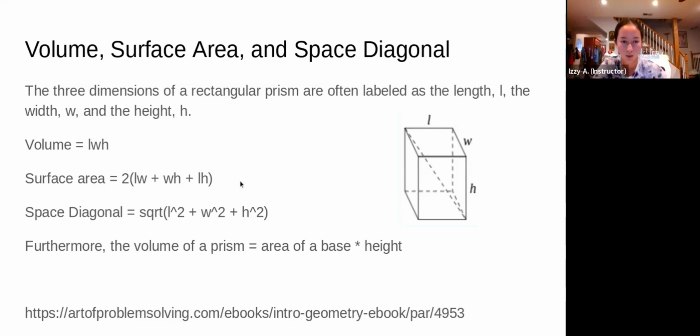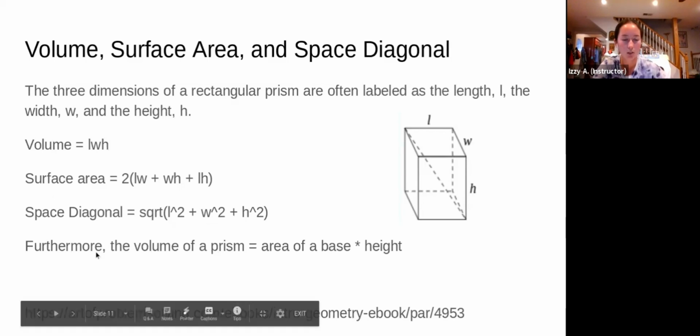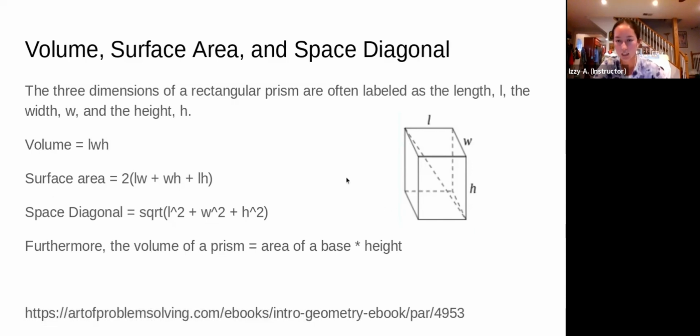The space diagonal is the square root of length squared plus width squared plus height squared. Additionally, the volume of a prism is equal to the area of a base times height.